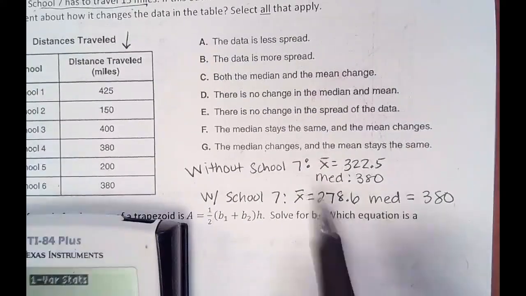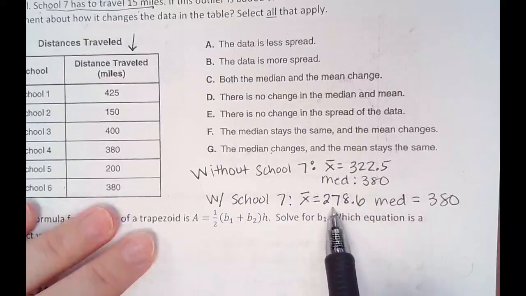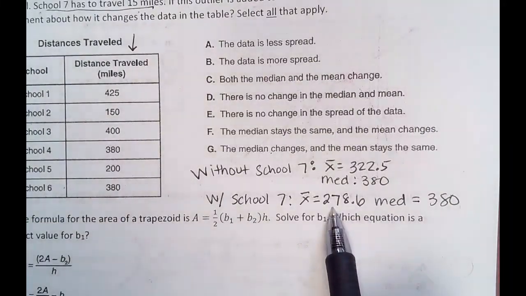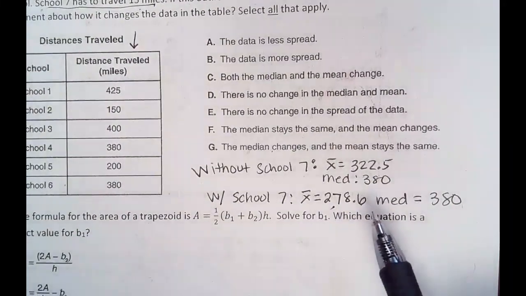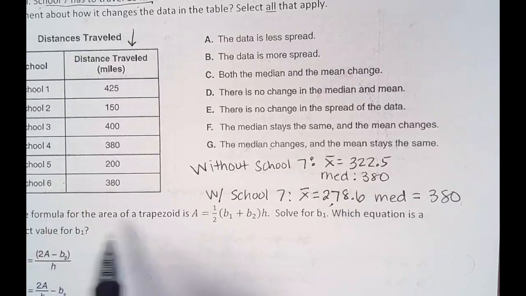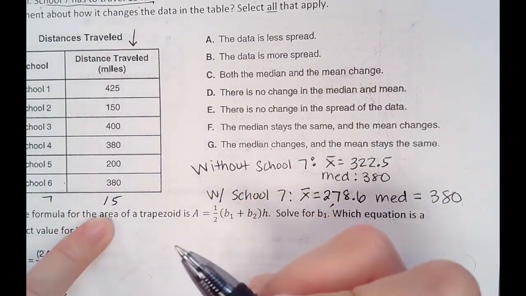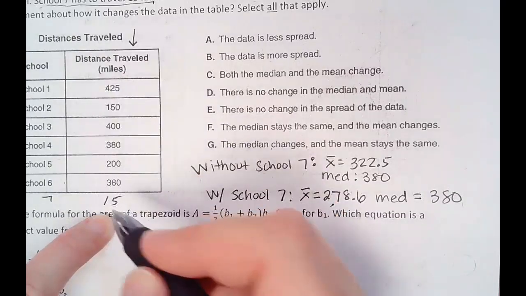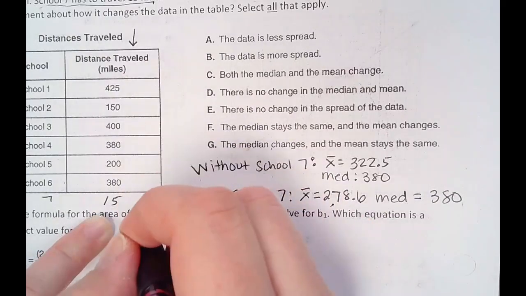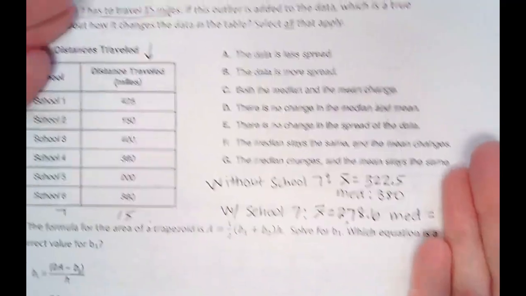So let's analyze. It looks like our mean went down. Okay, and it also looks like our median did not change. And if I'm adding in another one, School 7, 15 miles, our range just went incredibly further. Okay, and that means our data is more spread out now with School 7.